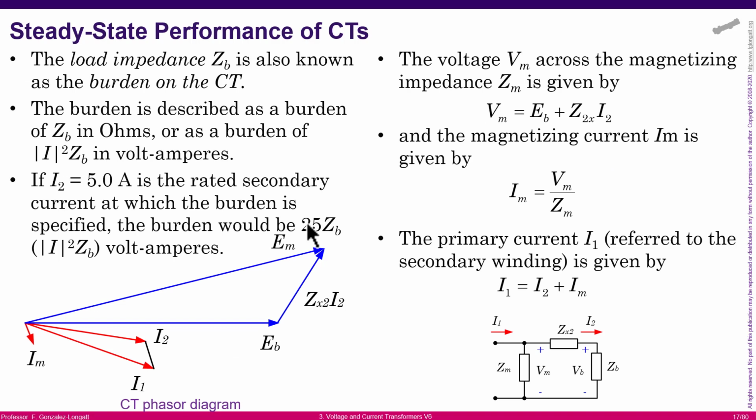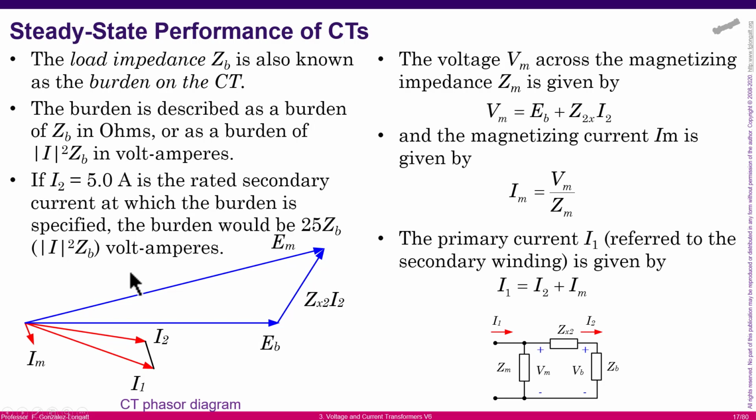All the quantities refer into the secondary winding. Here you can see there is a phasor diagram. In this case, we are presenting all the voltages and currents included inside this current transformer.